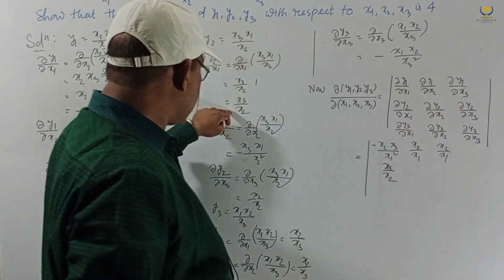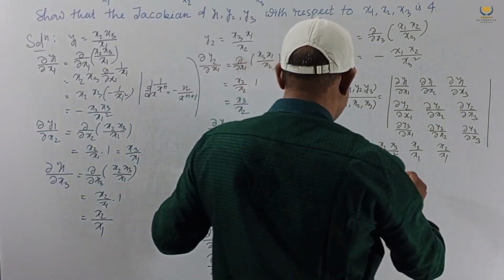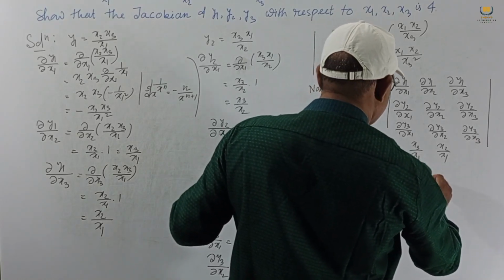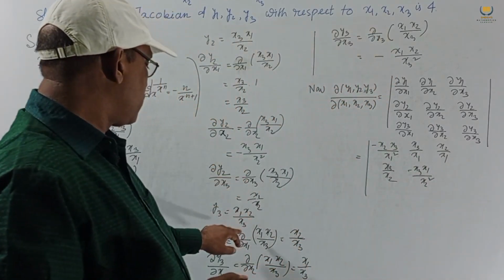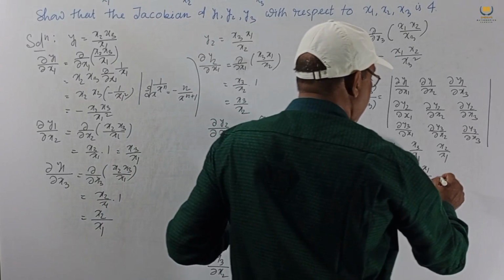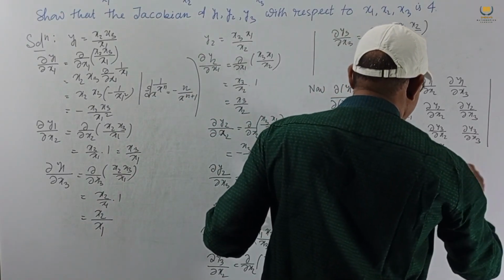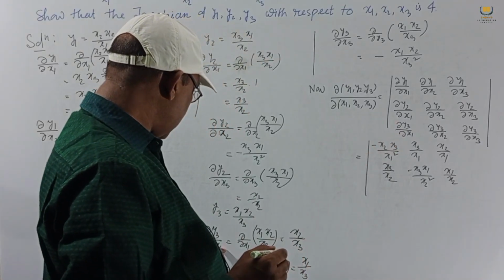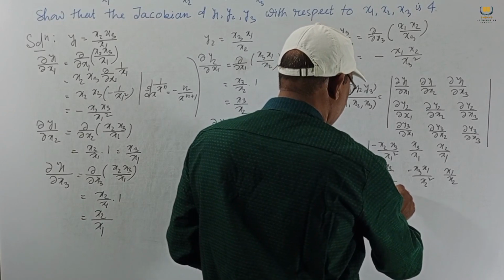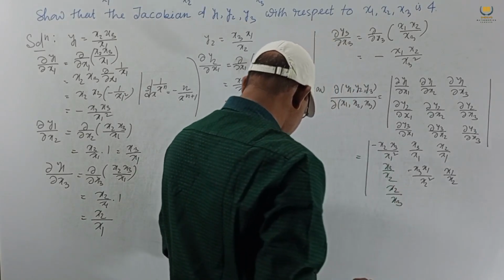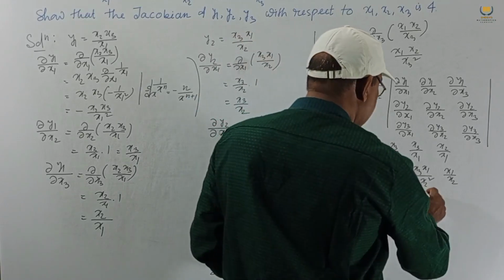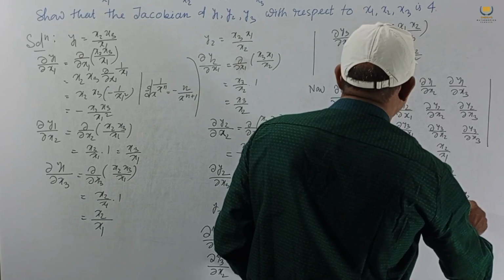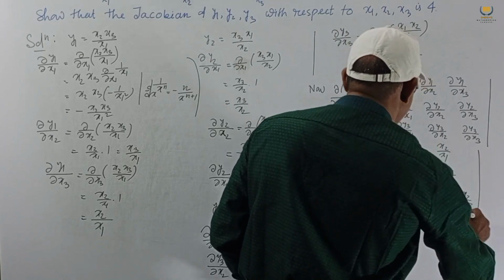Del y2 del x2 is minus x3 x1 by x2 square, and del y2 del x3 is x1 by x2. And the last one, del y3 del x1 is x2 by x3, del y3 del x2 is x1 by x3, and del y3 del x3 is minus x1 x2 by x3 whole square. We get this.